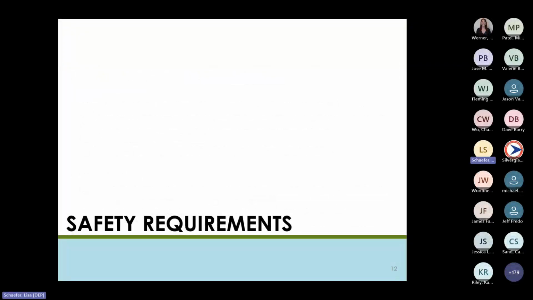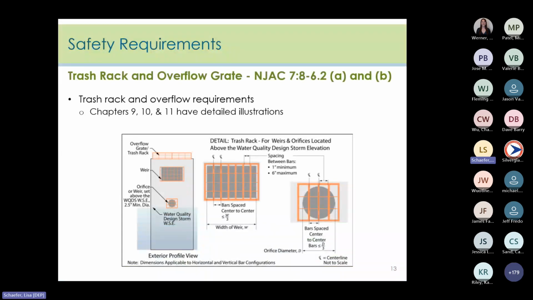All right, so now let's move on to the safety requirements, which are found in NJAC 7:8-6.2. So designs must follow the stormwater management rules regarding the trash rack and overflow grate specifications. So this is also included as text within the illustration shown here. It's in the BMP manual chapters, usually under the outlet structure information, and this depicts the requirements stated in the rules.